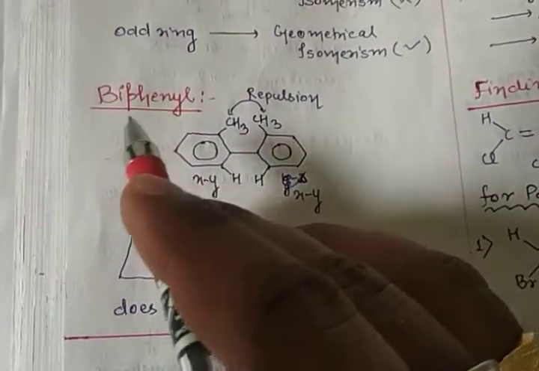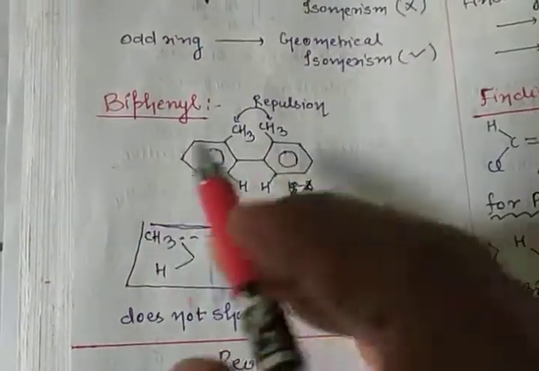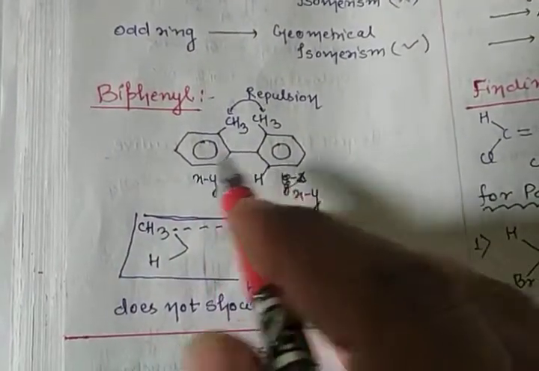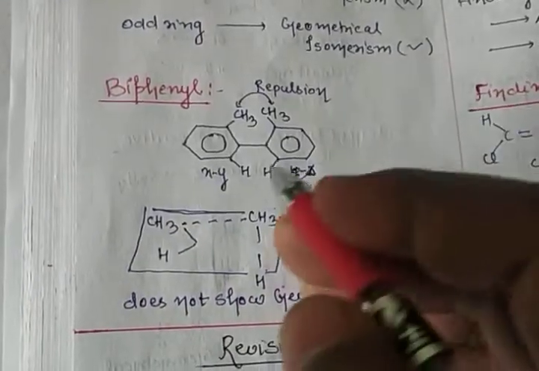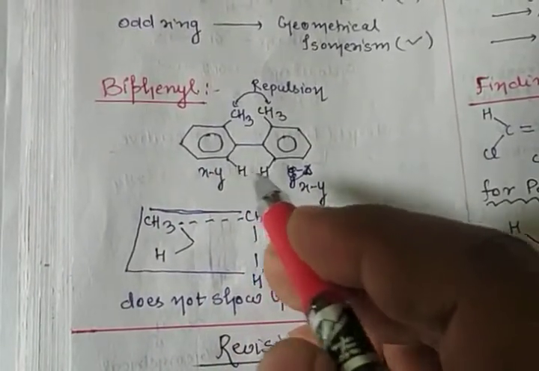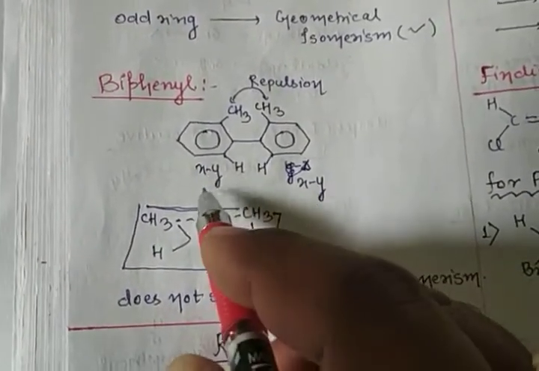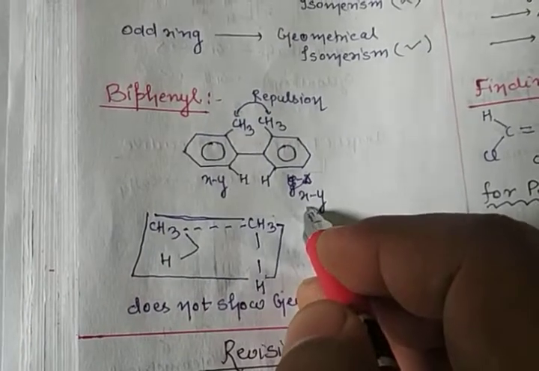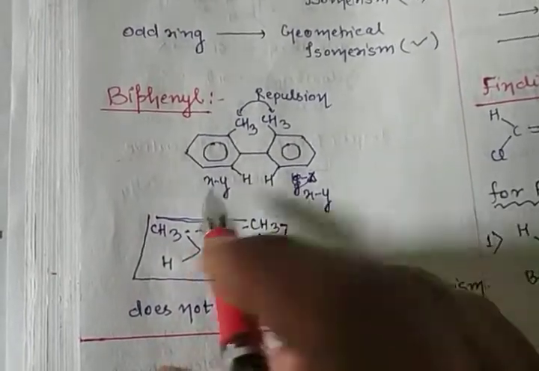Now the last topic of this part, biphenyl. So you know this is two rings, meaning a biphenyl group. So suppose you have two CH3 on the same side, suppose you have two hydrogen on the same side. So this is the XY plane, this is also the XY plane. The same plane is there.